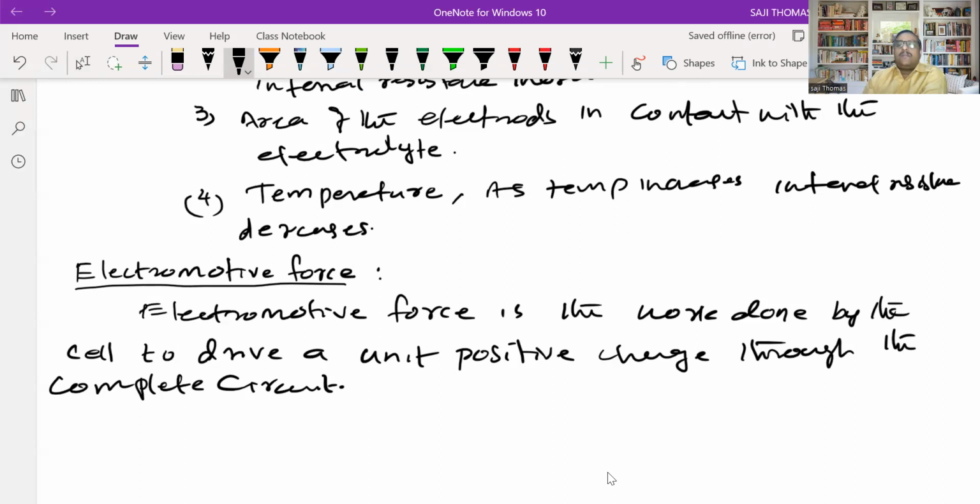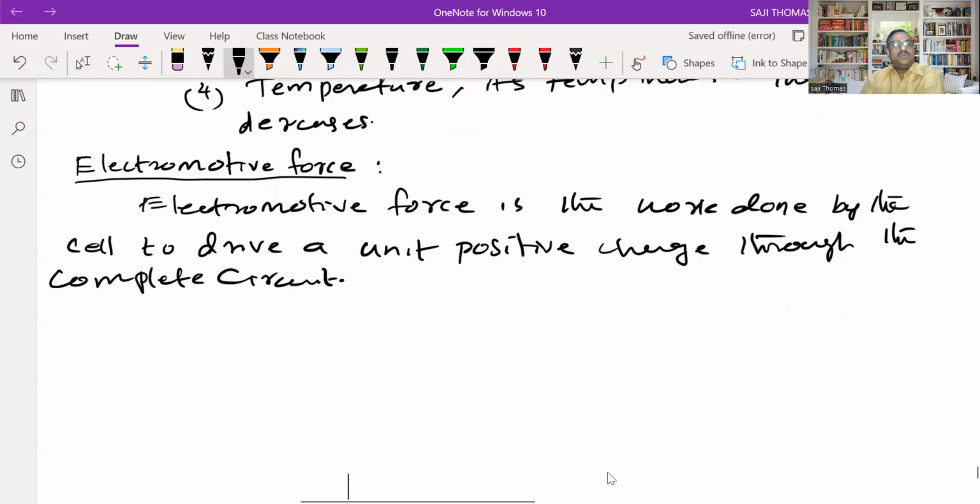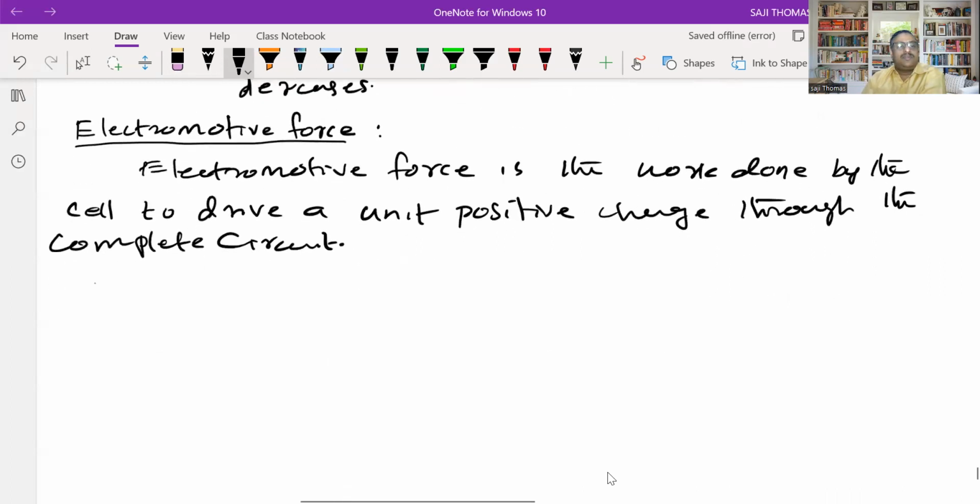So how will you measure the EMF? EMF of a cell is measured as the potential difference across the terminals of the cell when it is in an open circuit. Open circuit means the circuit is not closed. No current will be drawn from the cell. So how do you measure EMF?